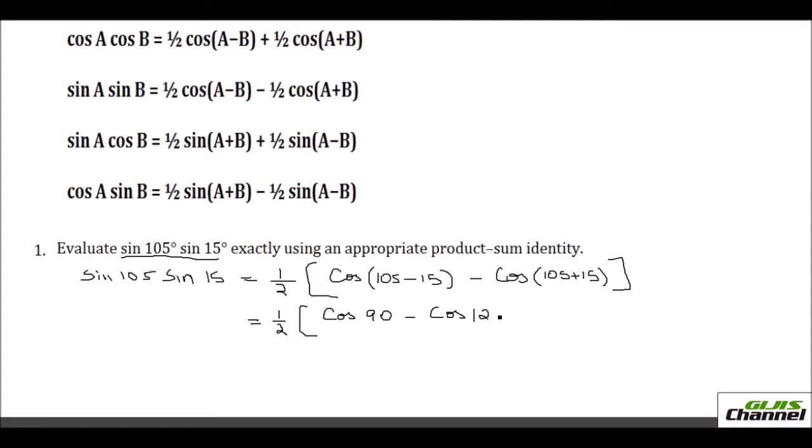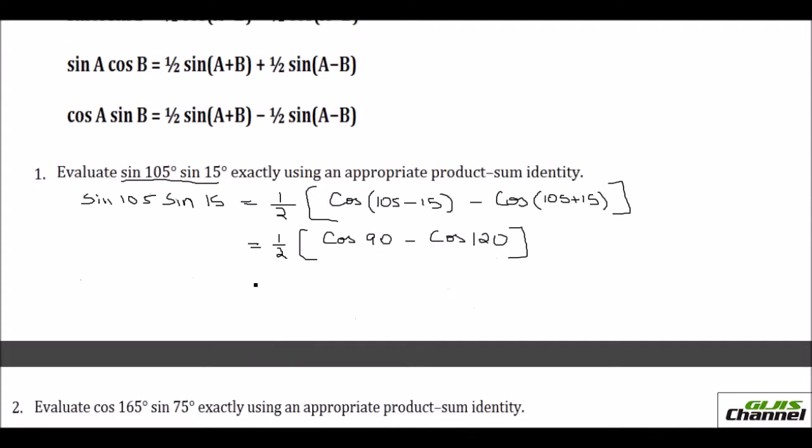Let us find the values for these, as you know them. So here it is half, cos 90 is 0, so you can straight away put a 0 here, minus cos 120. I am going to represent 120 as 90 plus 30.